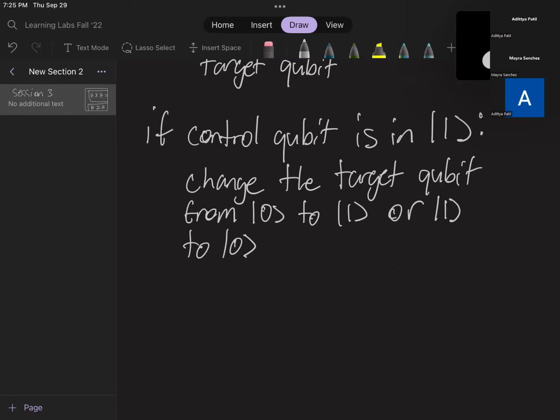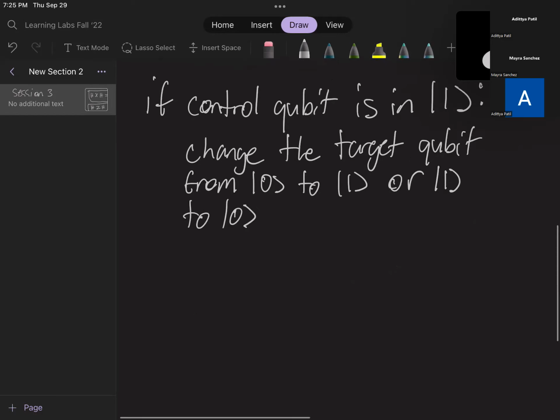The cool thing about quantum is that we can represent this operation as a matrix. Since this is a 2-qubit operation, it's going to be a 4x4 matrix.